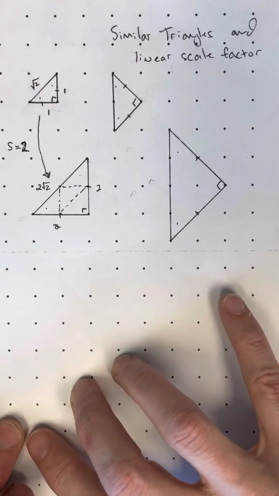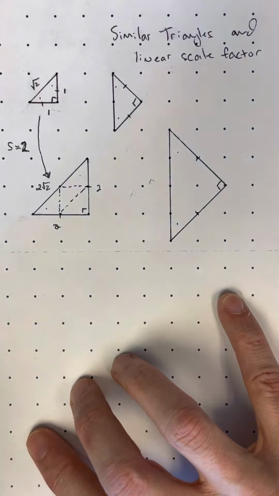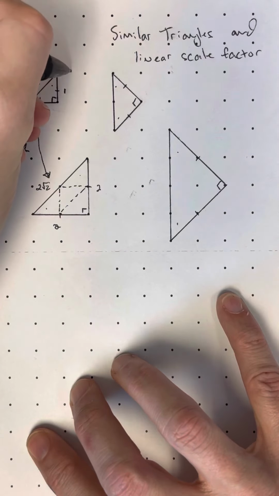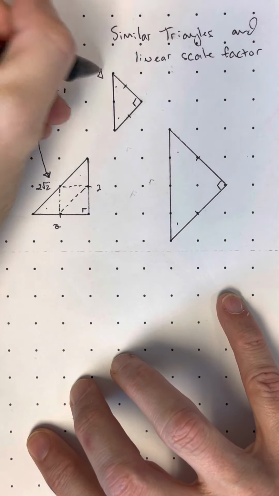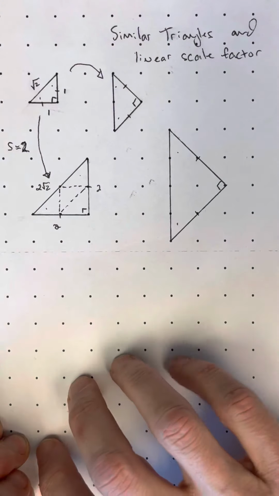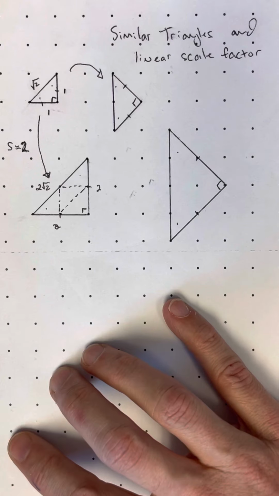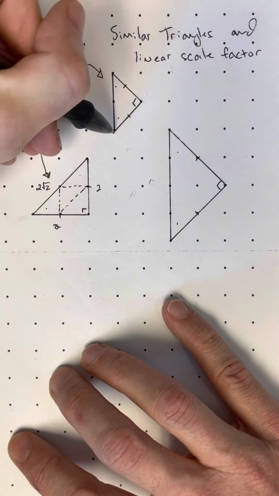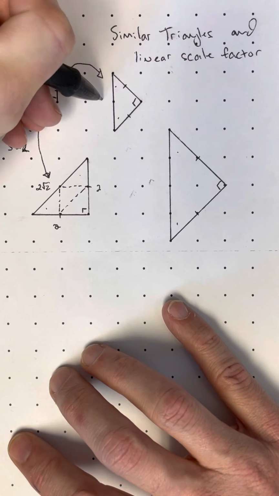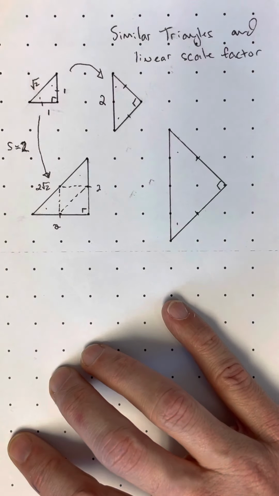Okay, now let's try this one here. And I'm going to do it a slightly different way than we did in class. In class, I made an argument based on area. Now I want to make a more direct argument based on the lengths of the sides. So this side here, the hypotenuse, has side length 2.